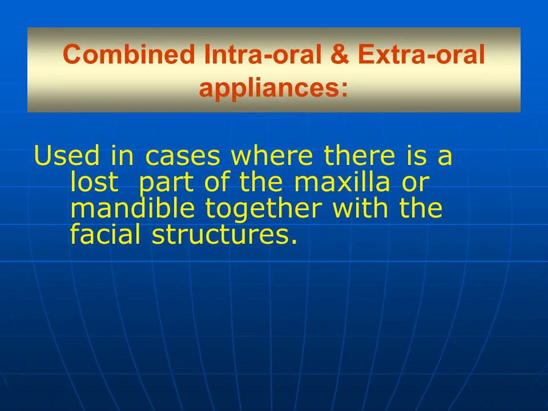Combined intraoral and extraoral appliances are used in cases where there is a lost part of the maxilla or the mandible together with the facial structure. So we have a combination between two types of prosthesis, an intraoral one and an extraoral one. Therefore, we call these appliances combined intraoral and extraoral appliances.